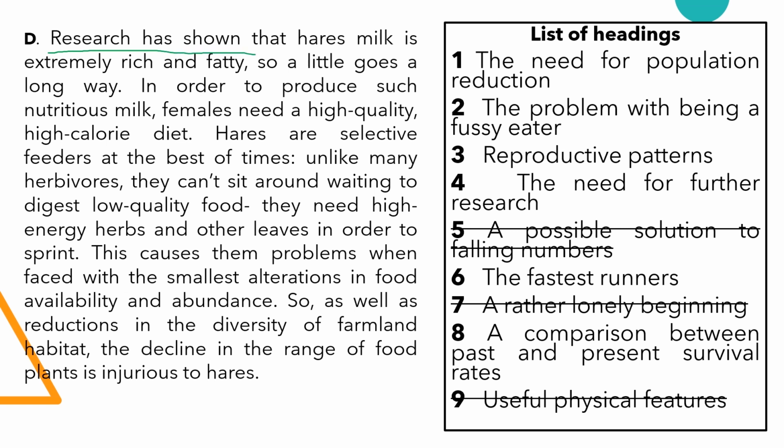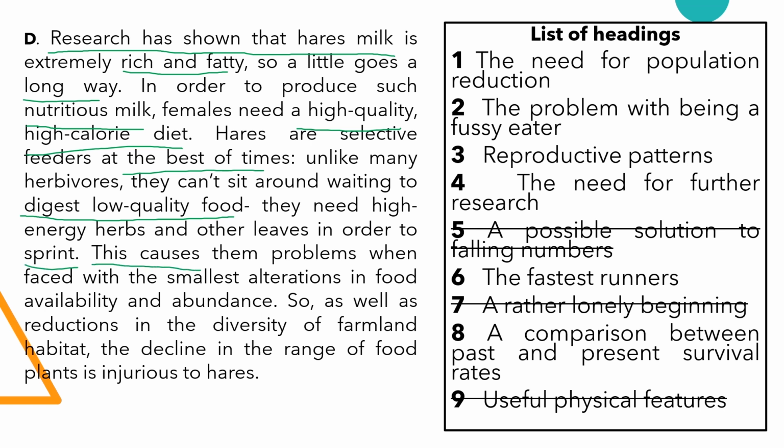Research has shown that hare's milk is extremely rich and fatty, so a little goes a long way. In order to produce such nutritious milk, females need a high quality, high calorie diet. Hares are selective feeders at the best of times. Unlike many herbivores, they can't sit around waiting to digest low quality food. They need high energy herbs and other leaves in order to sprint.